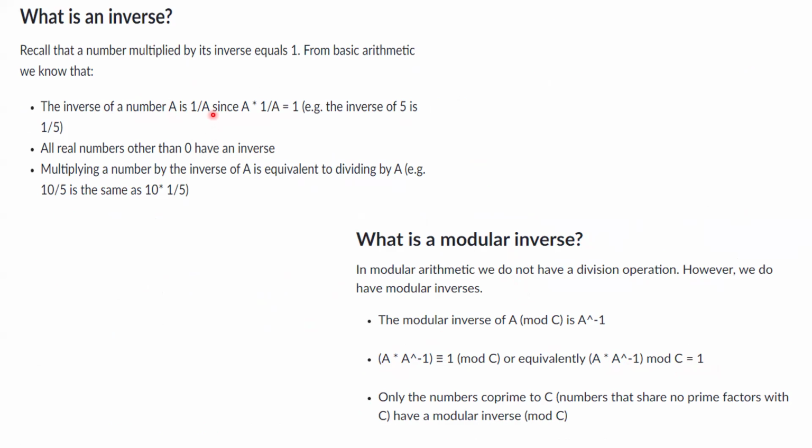Circling back to the group concept, what should I multiply with a specific number so that it leads to the identity element? Since it's a multiplication operation, the identity element is 1. That is the reason for what I should multiply with A, which in this case is 9, so that under mod 26 it will give you the resultant value 1.